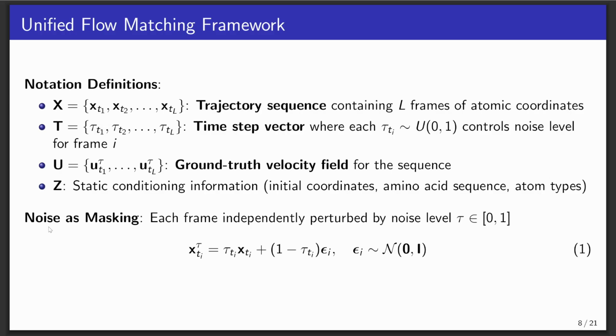For the noise masking method, for each frame we independently perturb it by a noise level tau between 0 and 1. This is exactly the noise injection scheme in the flow matching method.